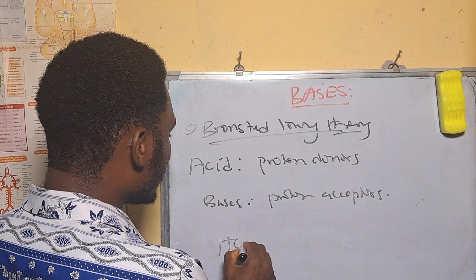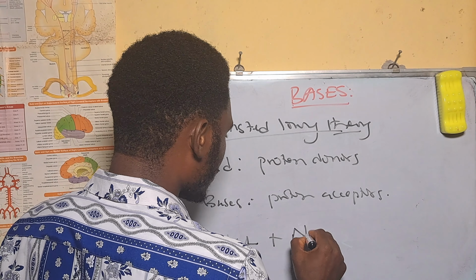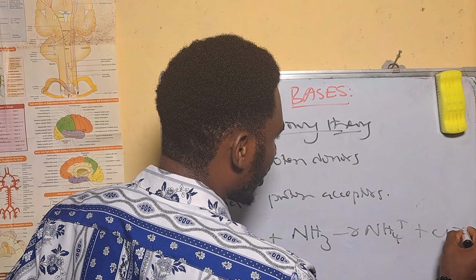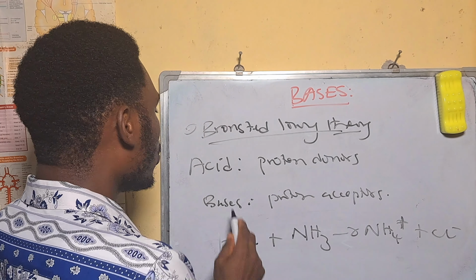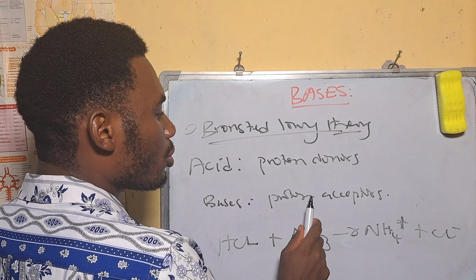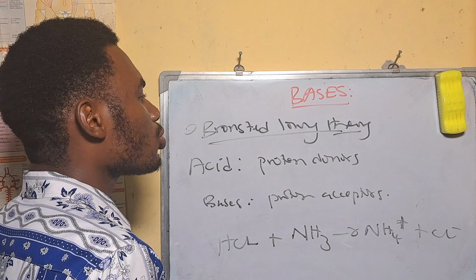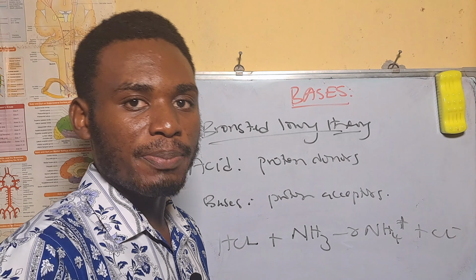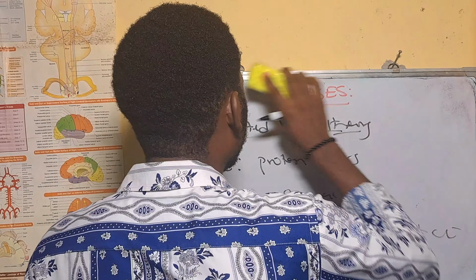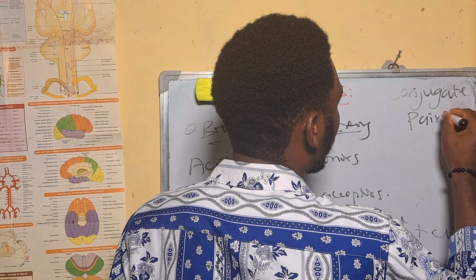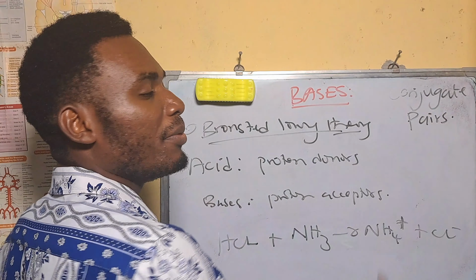You have HCl plus ammonia will give you ammonium ion plus chloride ion. So acids are proton donors, while bases are proton acceptors. This theory laid emphasis on conjugate base. So what does this mean now?